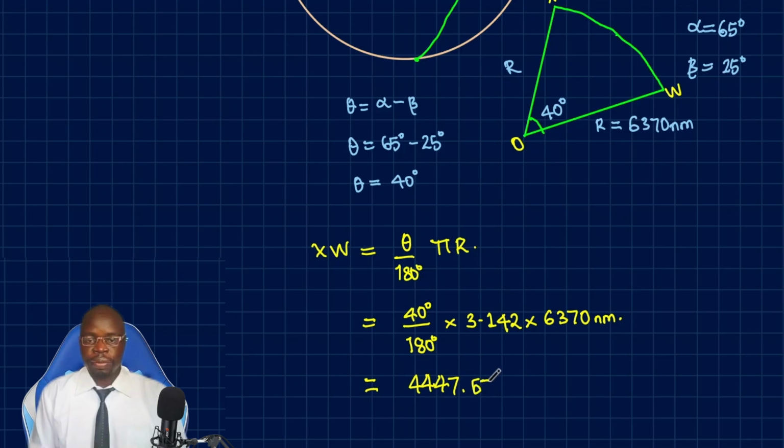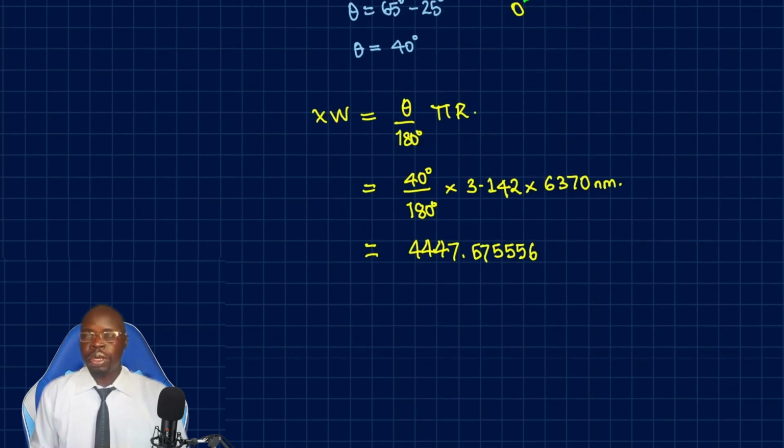So let's write this one down: 4,447.67556. Since we have not been told, it's always good practice to make it in 3 significant figures.